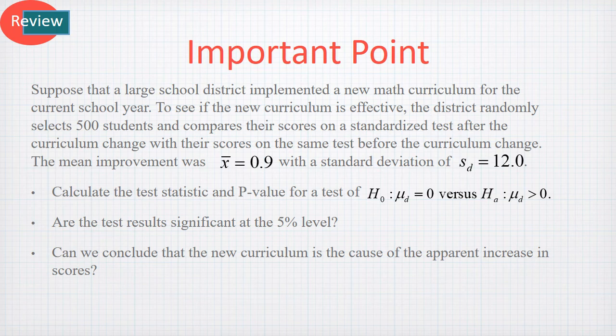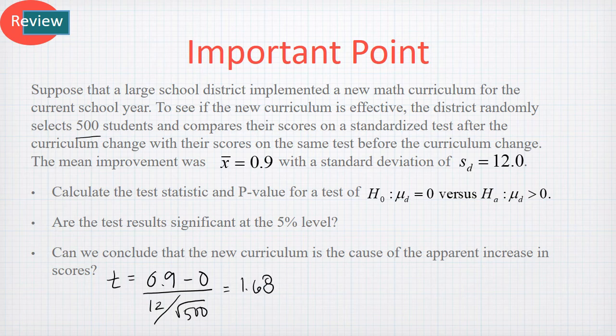Okay, so here we go. If I were going to do the test statistic, then I'll do it down here. So I would do my t: 0.9 minus 0, that's my mu, 12 divided by, we said 500 students. When I do that, I get 1.68.